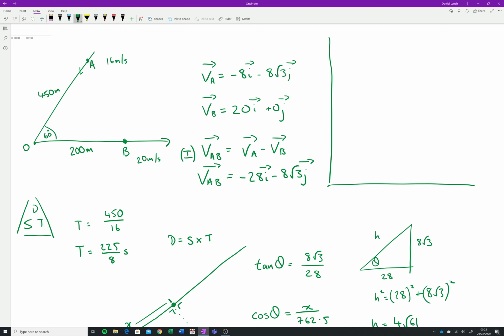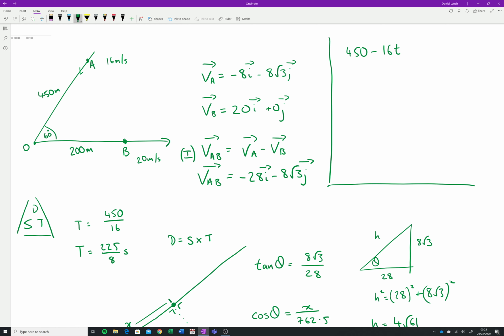We want them to be equally distant from O. If we have a look at A, what is the distance from A to O? At the moment it's 450 meters. But in 1 second's time, it'll be 16 meters closer. So the distance from A to O is 450, but every second, every t, it's going to be 16 meters closer.